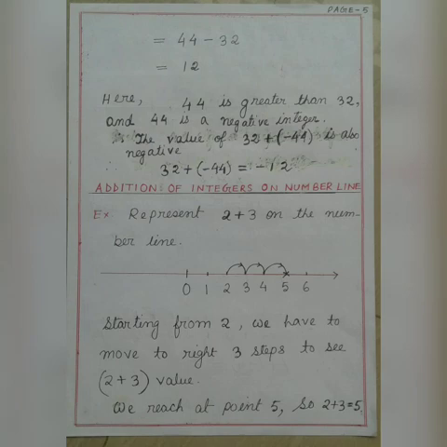I have plotted the positive integers. Starting from 2, we have to move to right 3 steps, as it is 2 plus 3, to see the value of 2 plus 3. We reach at point 5, so 2 plus 3 is equal to 5.